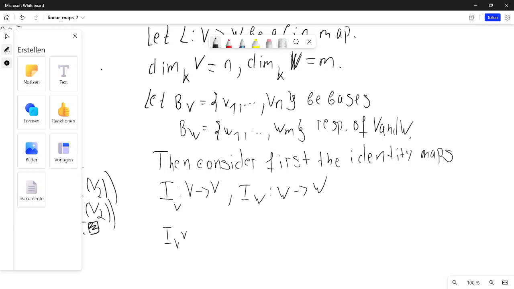It just maps an element of V to this element itself, and the identity on W does the same thing.